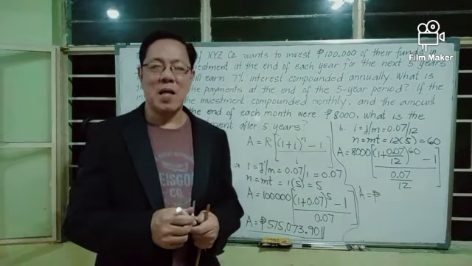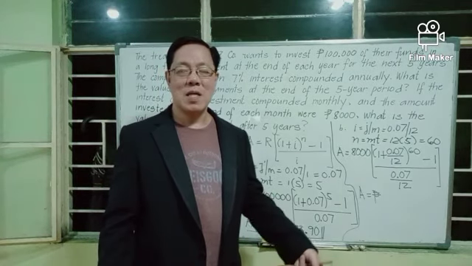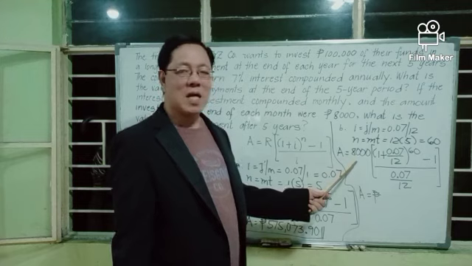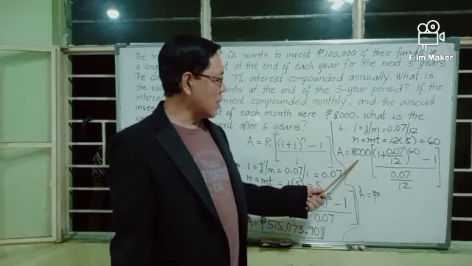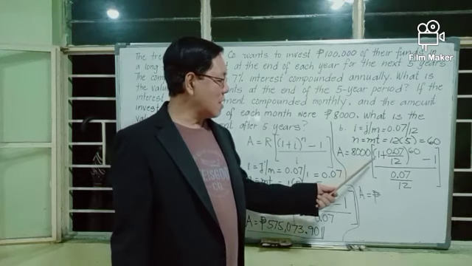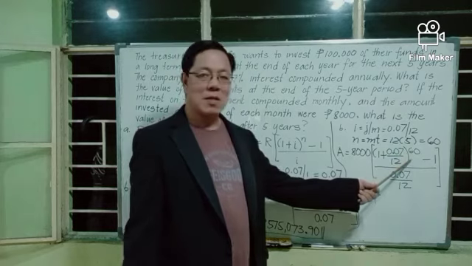Again, we compute the value of A, the accumulated value for ordinary annuity for regular payments of 8,000 pesos at the end of each month for 5 years using our calculator. And we start again with 1 plus 0.07 divided by 12 to the power 60.